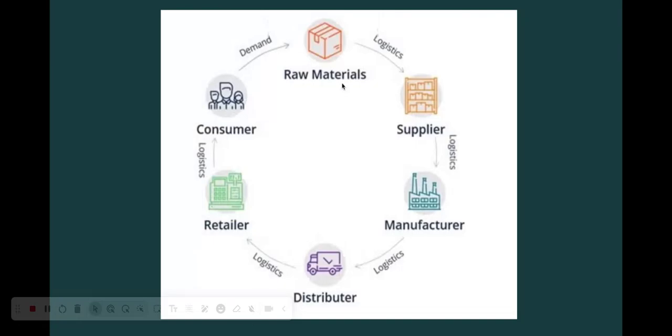First, you have your raw materials that are taken to the supplier, then to the manufacturer, then to the distributor, who then takes it to the retailer. This is where consumers or customers like you and me would buy the items from the retailer.